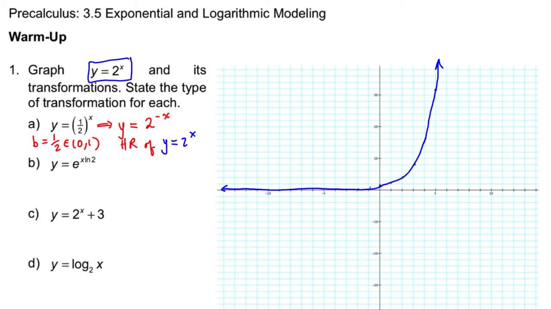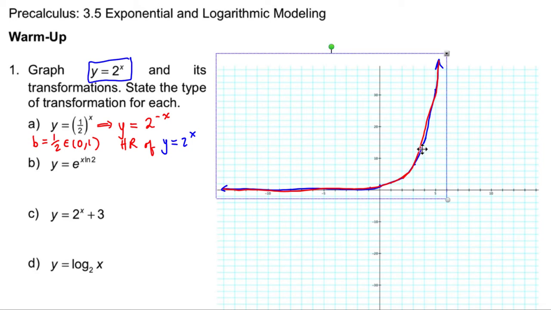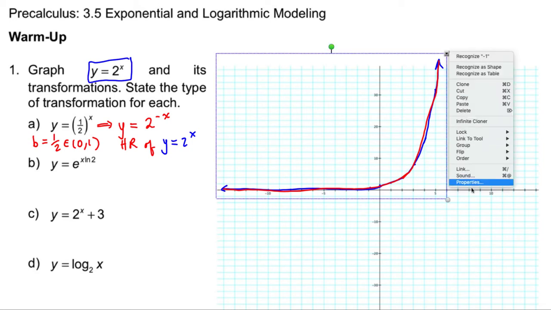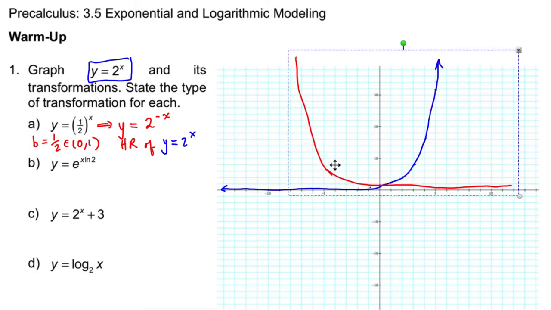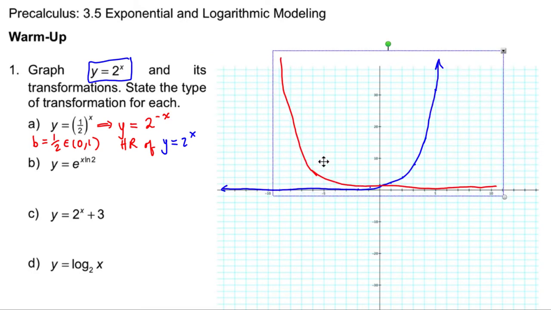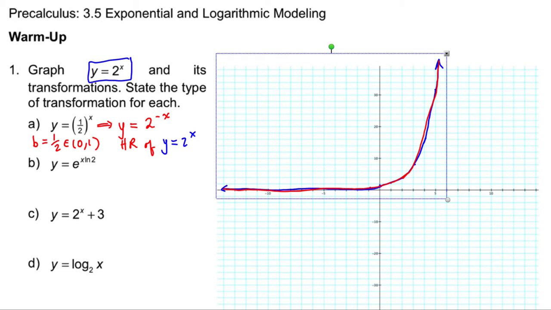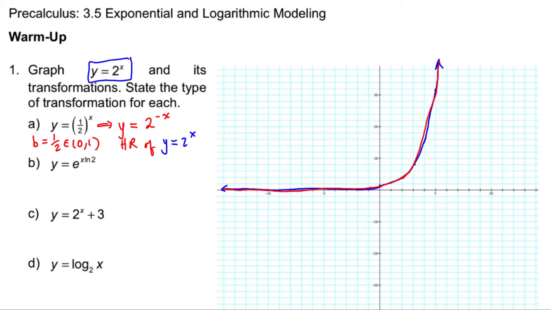changes the sign of its x-coordinate. So I'm going to do a small little cheat since I have a tablet here, and I'm just going to copy the blue graph, and I'm going to reflect it. So I'm going to flip it left-right, and just make sure to match. Before I do that, actually, I want to make sure to plot a point so that I can see the anchor point, namely the y-intercept.